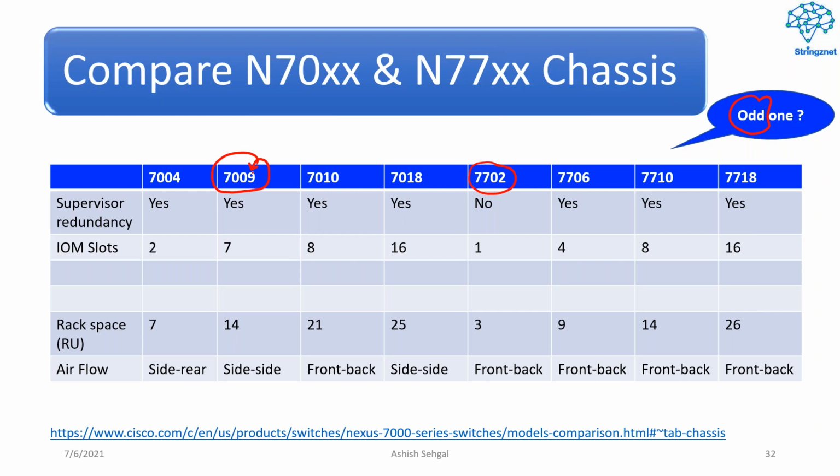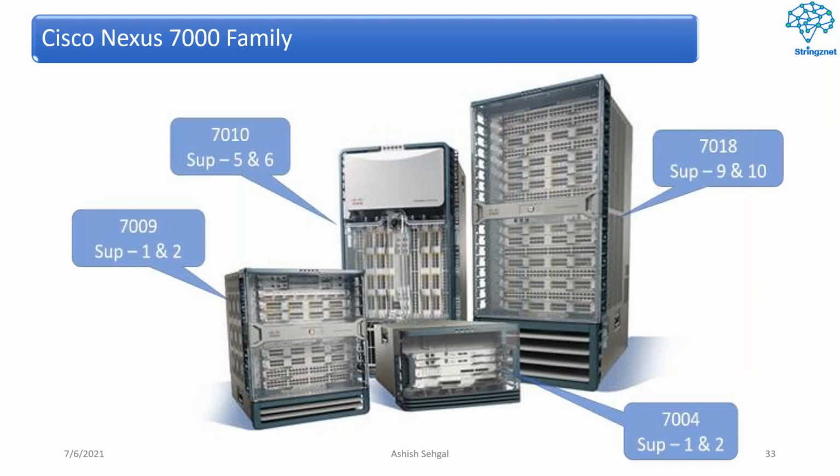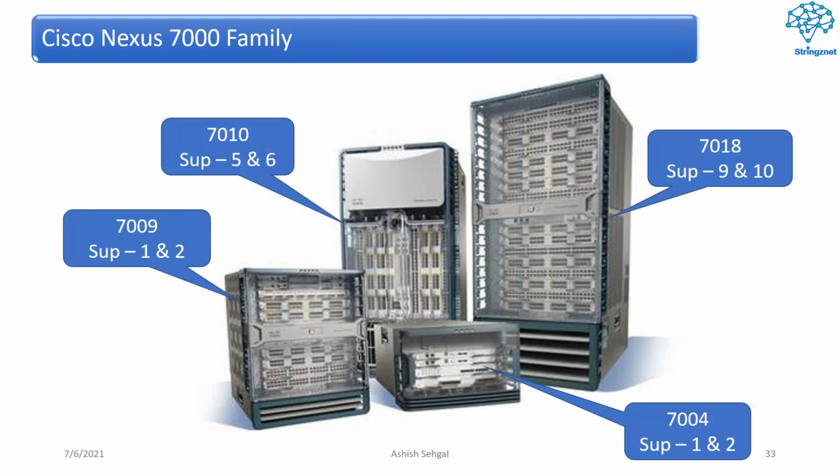We are now going to dissect this particular switch, and we are going to understand what is wrong in this particular switch, whether it really respects the concept of fabric. Is it really respecting, or is it not respecting, though this is called a fabric switch? Before that, in Nexus 7000, we have got 4 models: 7004, 7009, 7010, and 7018.